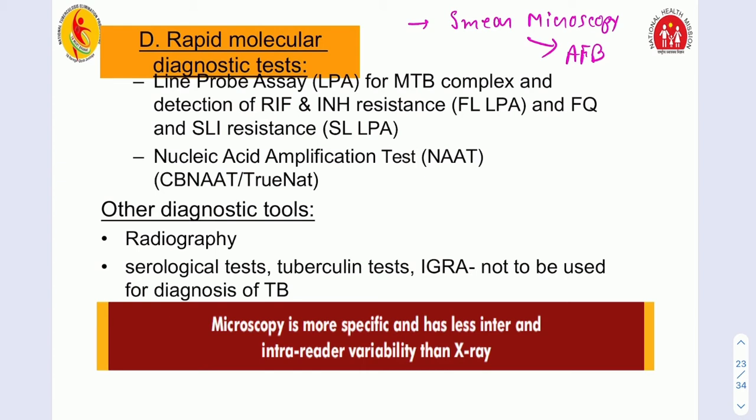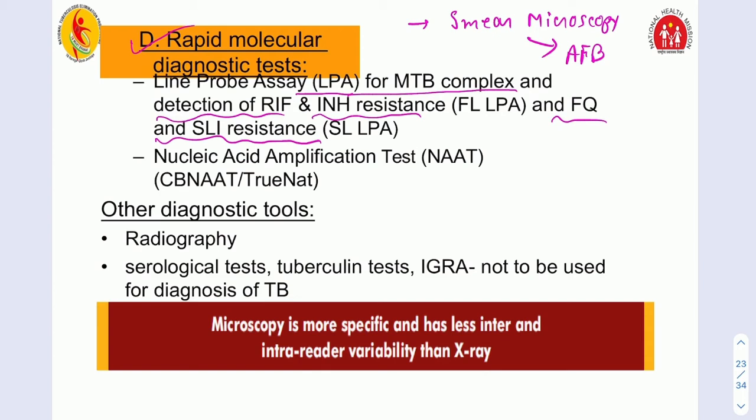There are certain rapid molecular diagnostic tests, like line probe assay LPA for Mycobacterium tuberculosis complex and detection of rifampicin resistance and isoniazid resistance, and fluoroquinolone and SLI resistance.